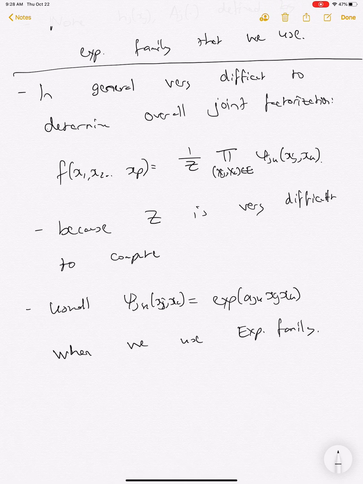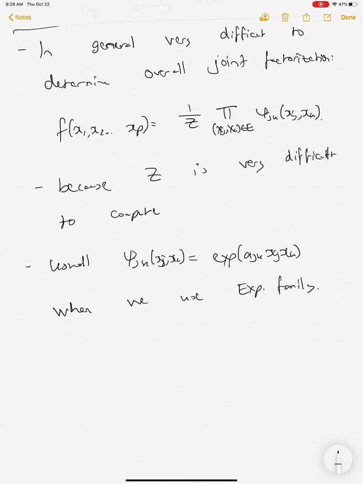But what's different from DAGs is that in DAGs, the factorization just naturally works out easily. If you just condition on your parents and then you multiply them, that gives you the overall joint. That isn't the case for undirected graphs at all, because you have to normalize things, because you're kind of double counting your neighbors. x1 is a neighbor of x2 and x2 is a neighbor of x1, and that creates issues when you're trying to put it back together in a joint distribution.